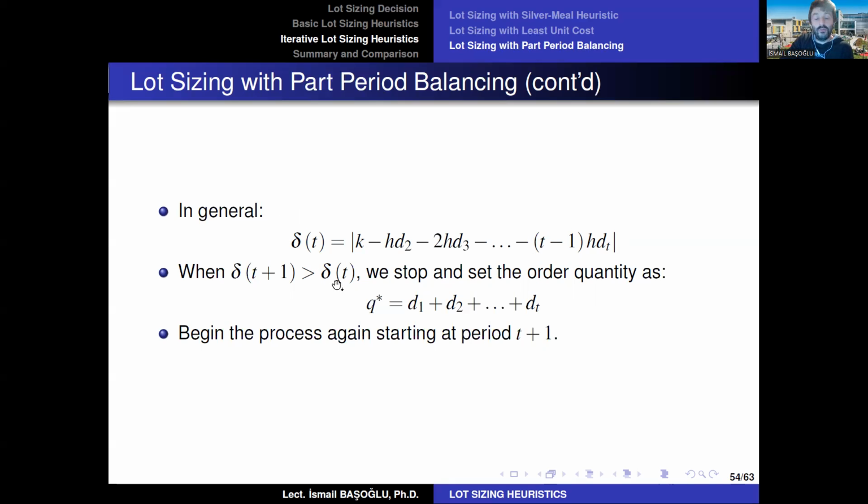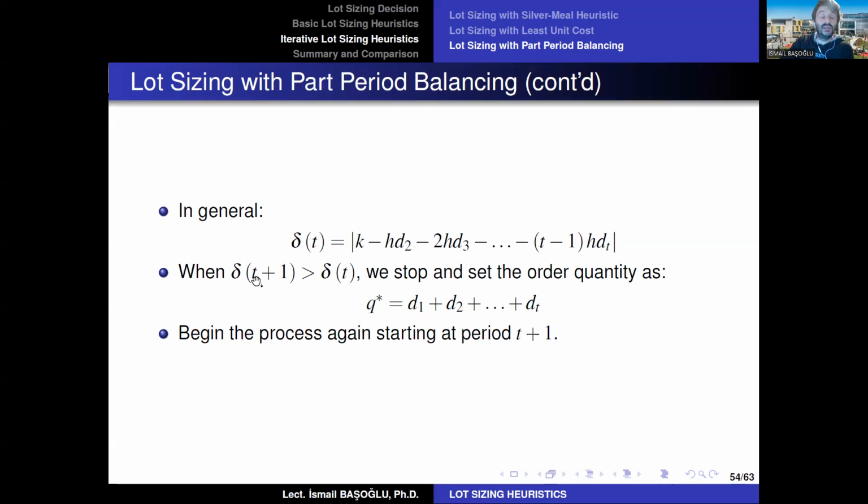Now, I'm always going to introduce a new period again and again. At some point, my friends, obviously, because all added components will always be subtracted from the fixed ordering cost, that absolute value function will start to decrease in the beginning, then it will start to increase after some point.